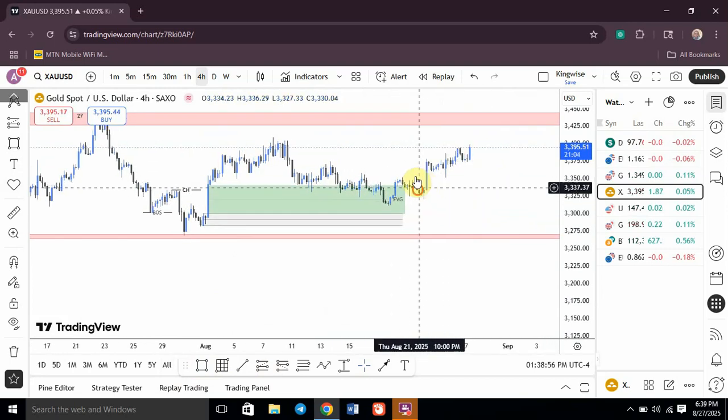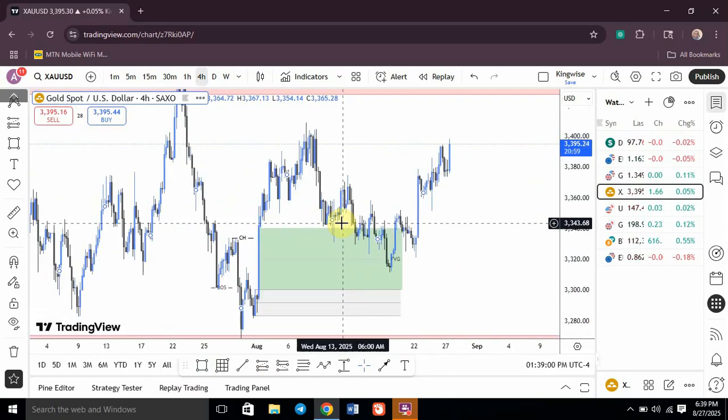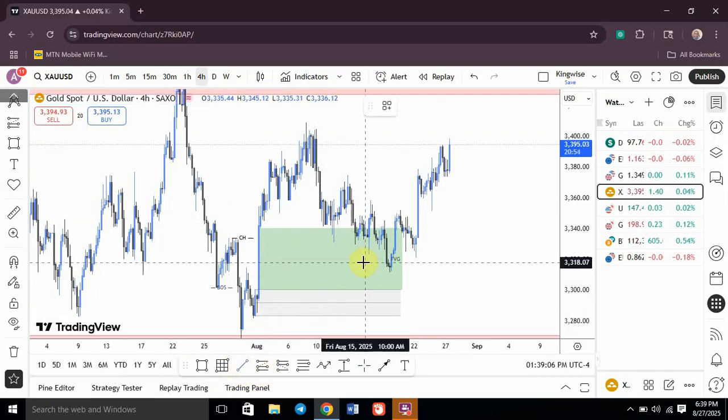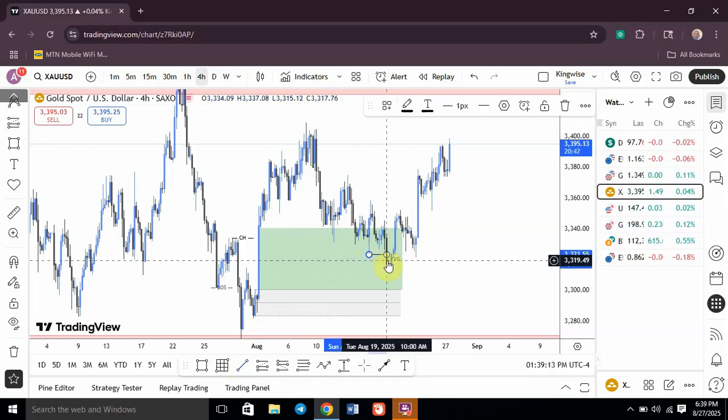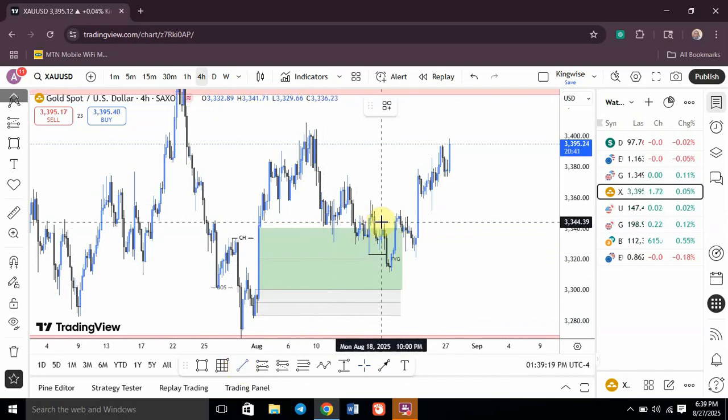So let's read the internal structure. This was the last break of structure to the downside before markets reacted to the upside. So we have a change of character here.